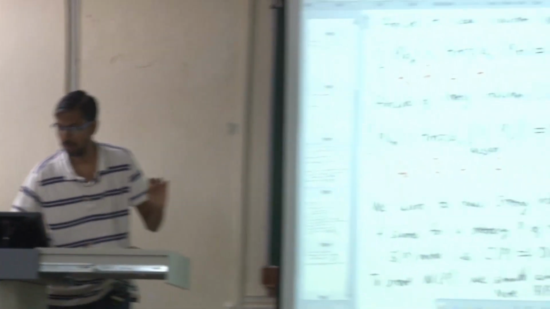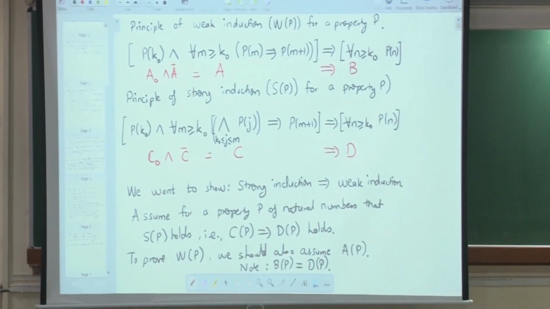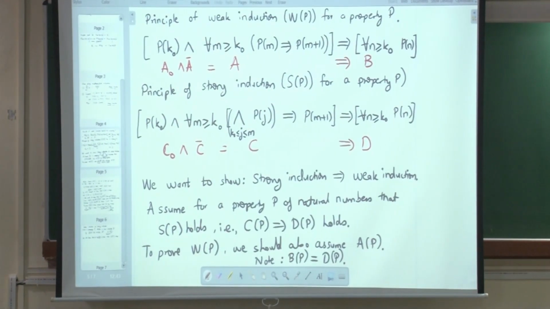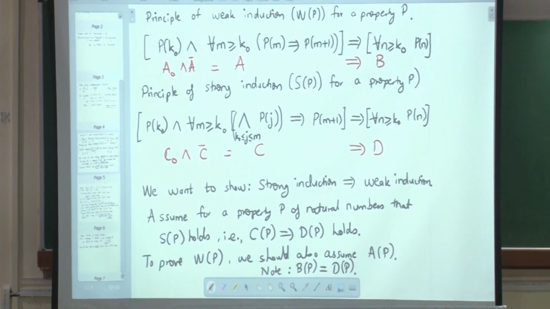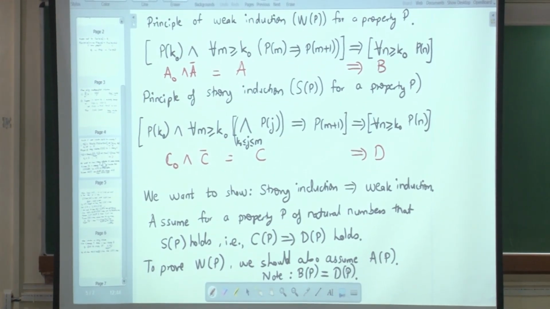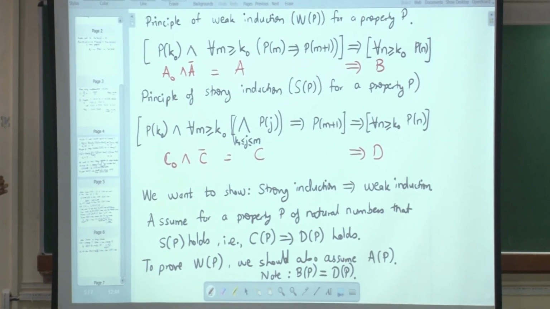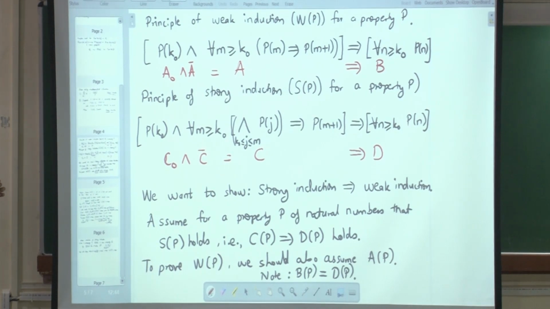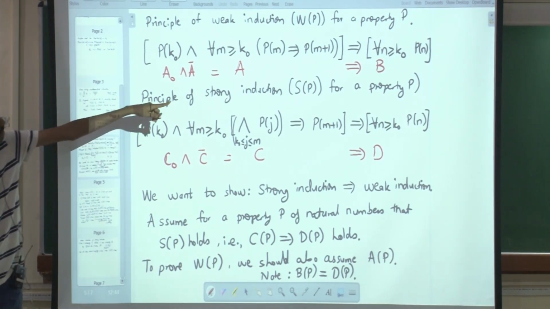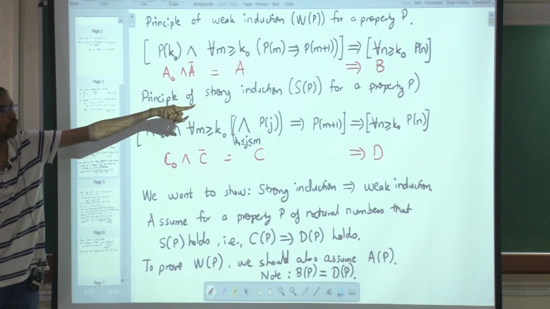Now, first of all, you all know that B of P is same as D of P. But now I am going to claim that B of Q and D of P are also same. Observe that. B of Q. What is Q? It's true for all of them.